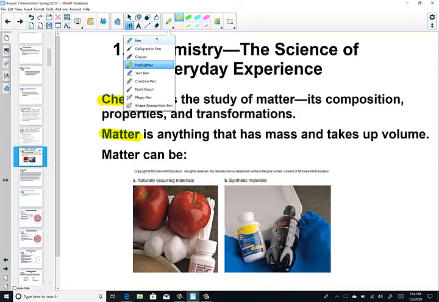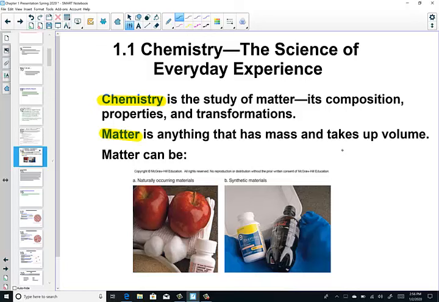We will learn, and kind of focus in on the last section here, that there is a ratio of mass to volume that any composition of matter has, and we'll learn that that's called density. So matter is anything that has density, that ratio of mass and volume. Matter can be naturally occurring substances such as apples. Here's some cotton. This is sand.